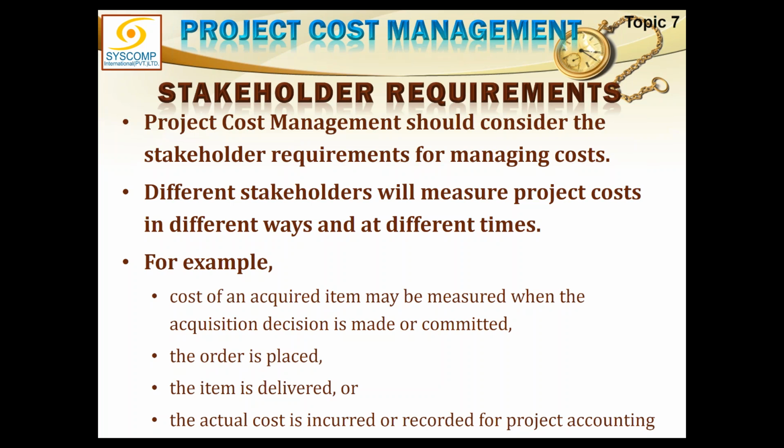Some people will consider the money committed after the item ordered has been delivered. Or some people will consider the actual cost when the money actually goes out of your pocket, or when it is recorded into the accounting system. So you see, you have to develop a system in which you can satisfy all the stakeholders and their requirements regarding the cost spending.